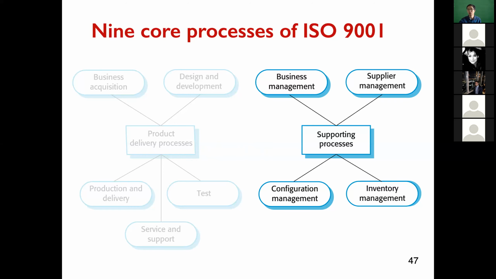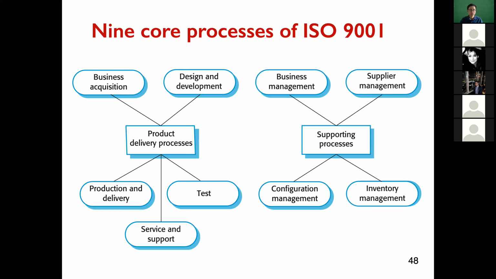They also tell what you should do, but not how you should do it. So these are the core processes of this standard. This is the general form of quality standards for all products, not software specifically.